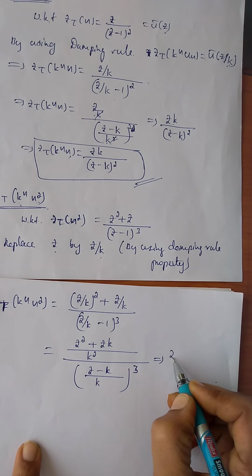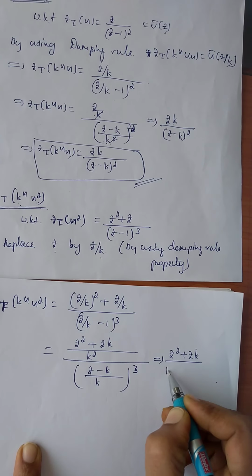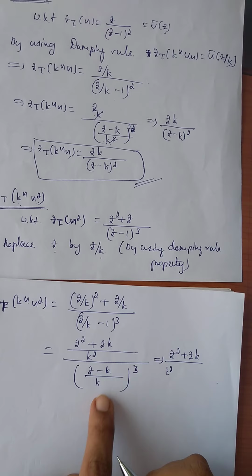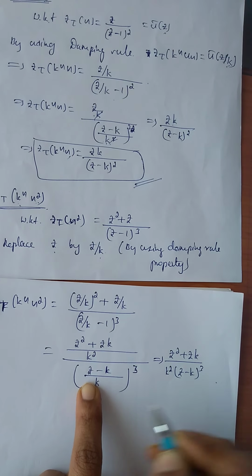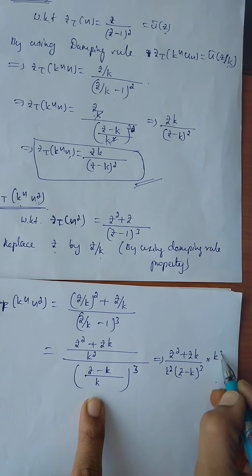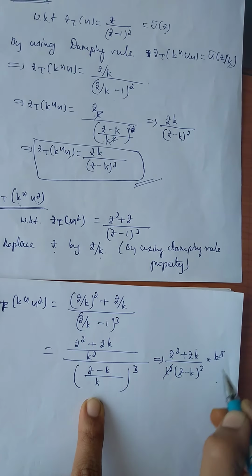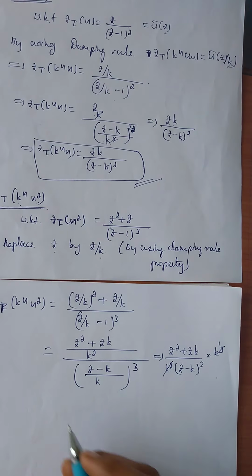Numerator we have z square plus z into k. This k square goes to the denominator, and the denominator simplification is z minus k whole cube. This 1 by k cube goes to the numerator as k cube, and k square and k cube leaves remaining 1 k. Just multiply with the numerator term.